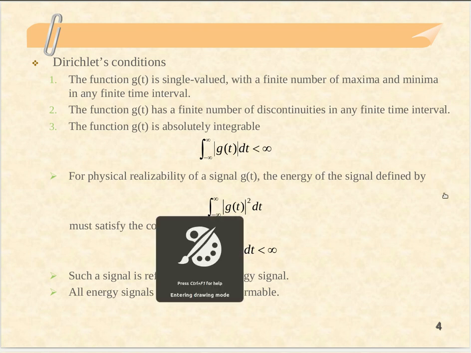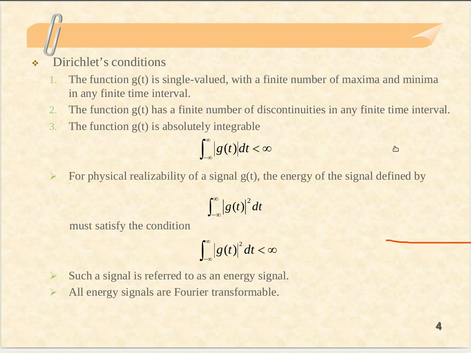If I have a signal like this, it has a maximum and a minimum. It has a finite number here, 3 maxima and 2 minima, for example, in any interval, from t equal 10, for example, to here. So this is a finite time interval, and it's absolutely integrable.